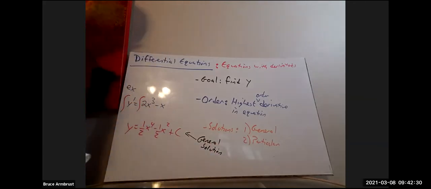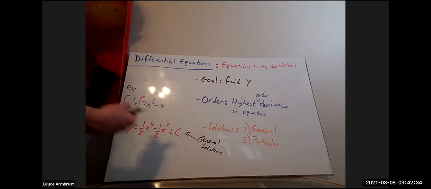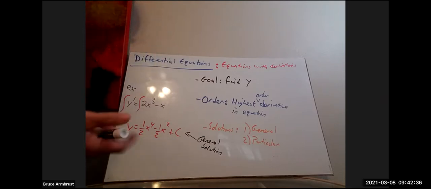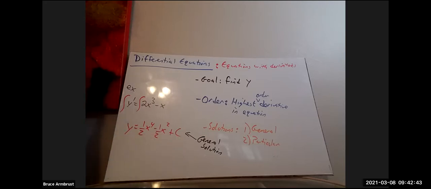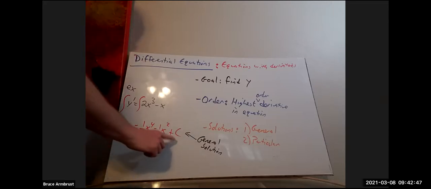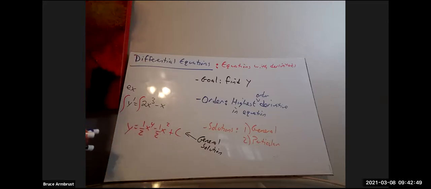Think of general and the word generic, right? When we find general solutions, we're finding the generic. What does this look like? Well, it's going to look something like this. The particular solution would be where we choose the value for c.